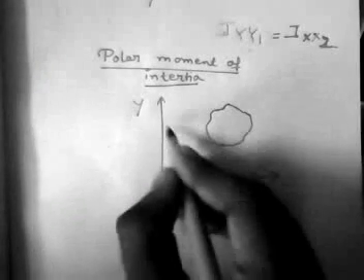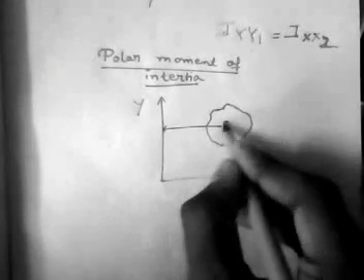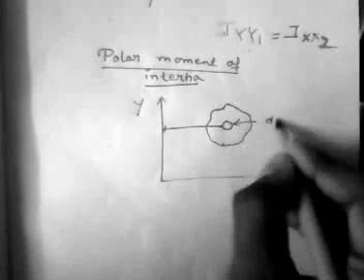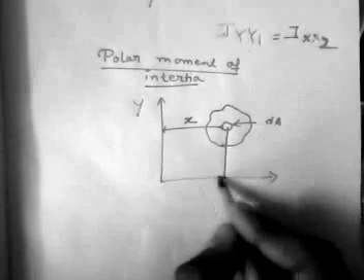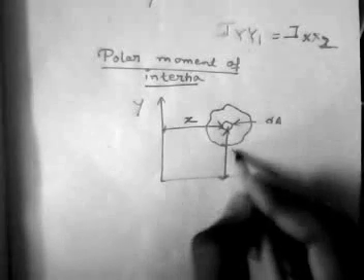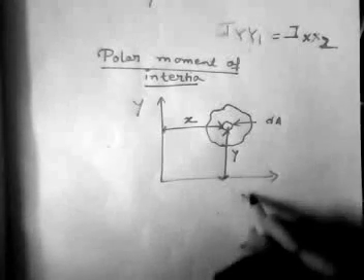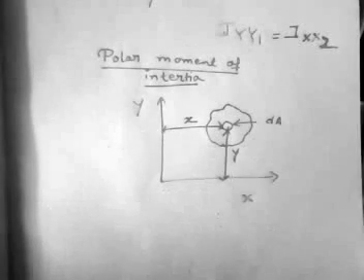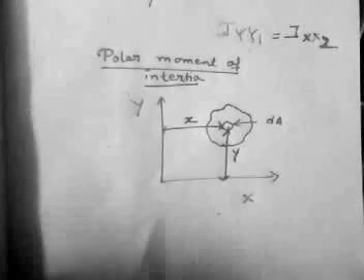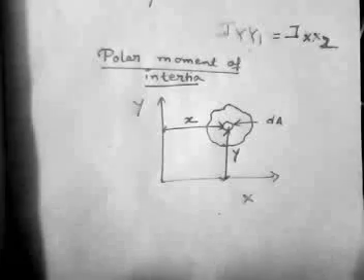This is the y-axis, this is the x-axis, and you are considering an arbitrary area. A small elemental part dA is at a distance x from the y-axis and y from the x-axis.